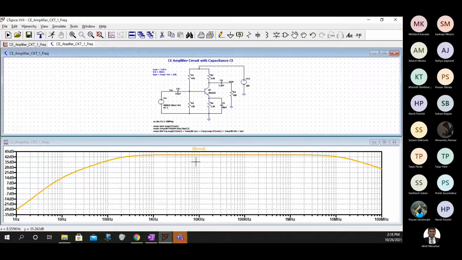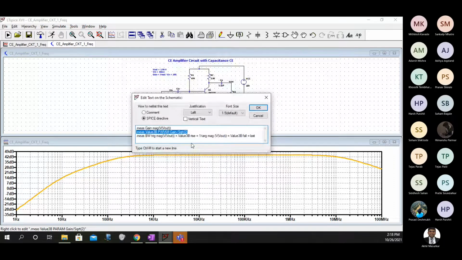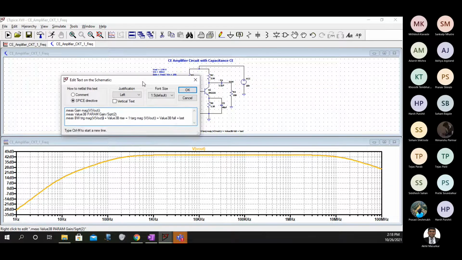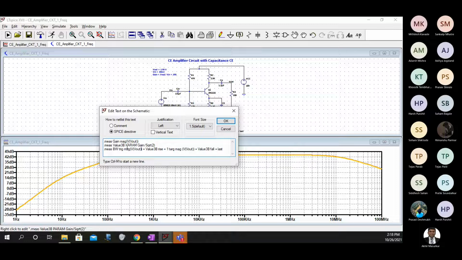So let me just see. Dot measure gain magnitude of V out, which is correct. Then dot measure value 3 dB param gain divided by SQRT of 2, correct.